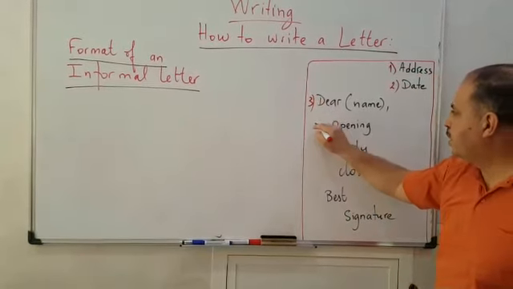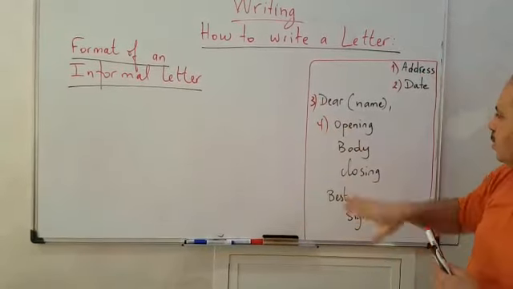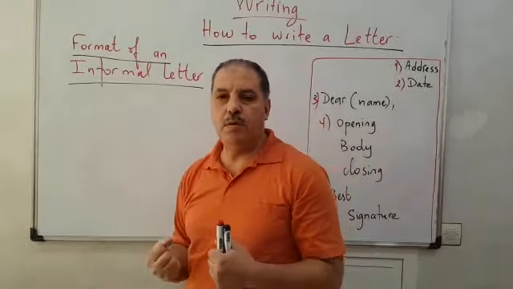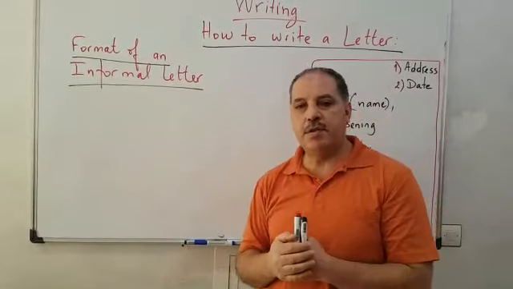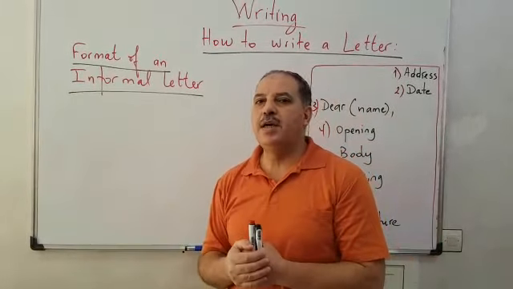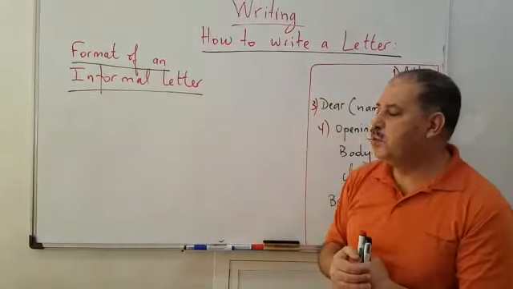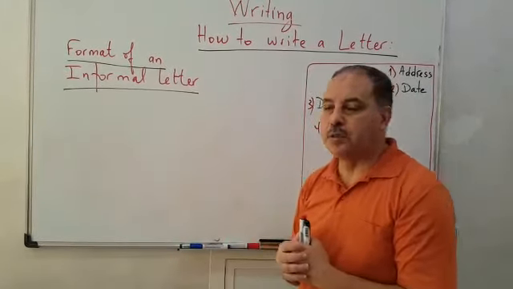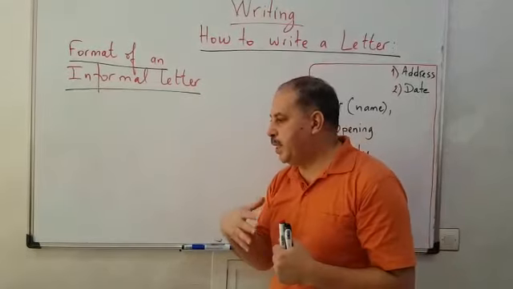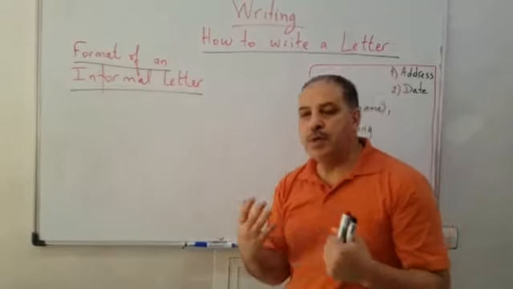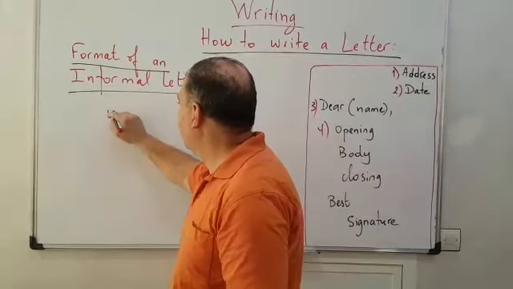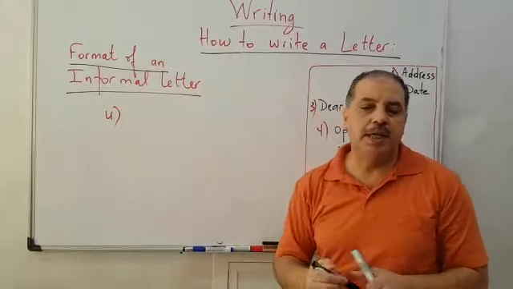And then number 4 is the opening. So the opening is when you are addressing your receiver, the person to whom you write this informal letter. You say, for example, how are you? For number 4, we can talk about some expressions that can be used.